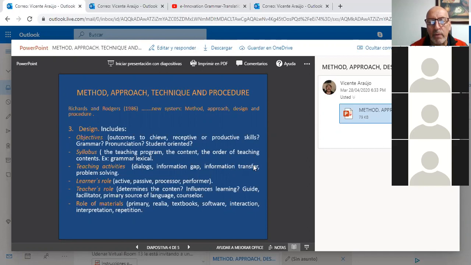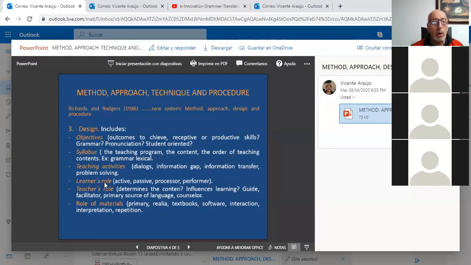That's a transfer of information, to change from one way to express something to another one. Or problem solving. How can we solve the problem for those students who do not have internet? These are teaching activities. When you are going to teach something as a teacher, you prepare dialogues, information gaps, information transfer, problem solving, exercises, drills, and a lot more.